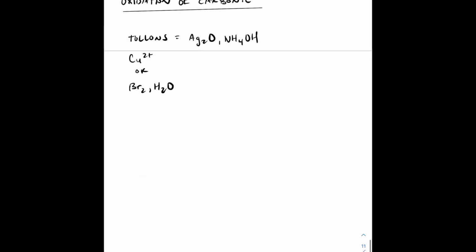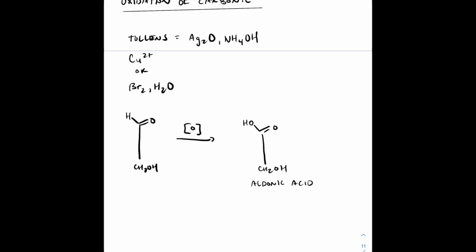We know that this converts aldehydes to carboxylic acids, and there are a couple of other ways that are known to be used for oxidation of sugars, and that is some source of copper 2 plus, or bromine and water if you want a higher yield. That way you can move forward with the reaction to carry this oxidized material on to do more.